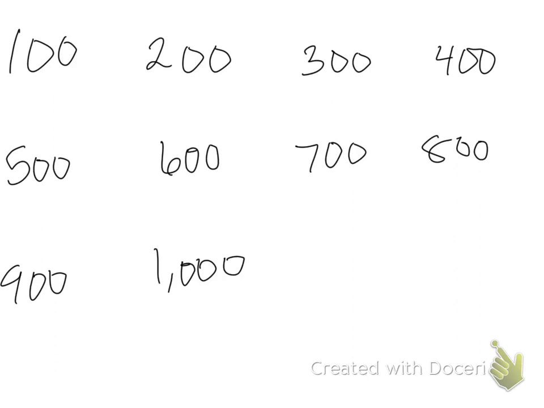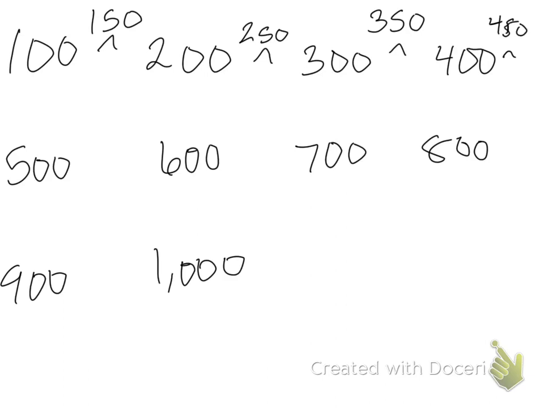Hey, what numbers are halfway between each of these numbers? Well, I know the halfway point is going to be something with the 50. So between 100 and 200 is 150. The halfway point between 200 and 300 is 250. Halfway between 300 and 400 is 350. Then 450.